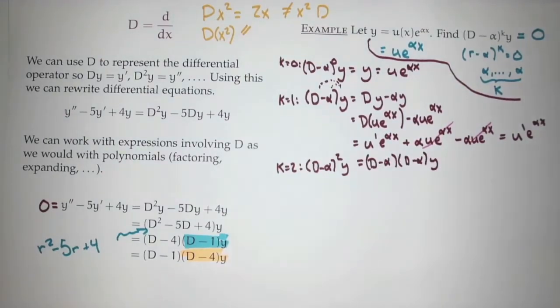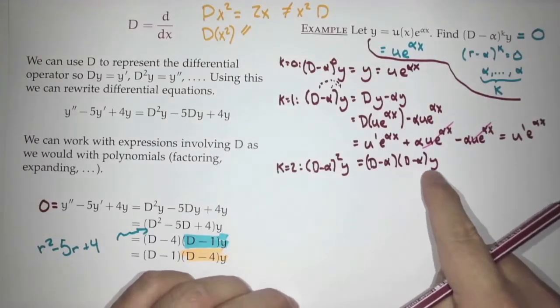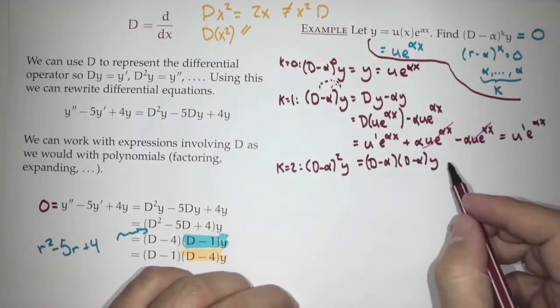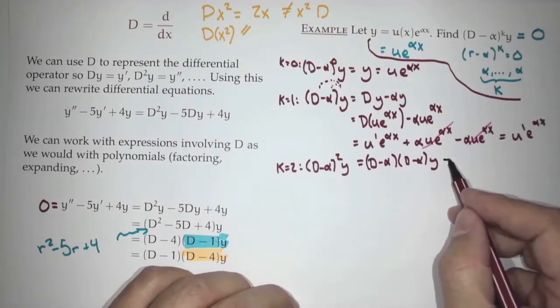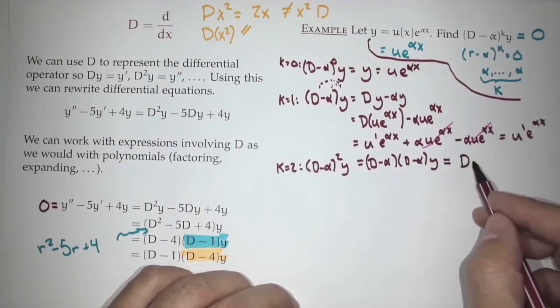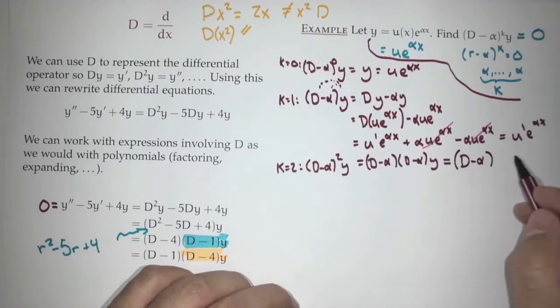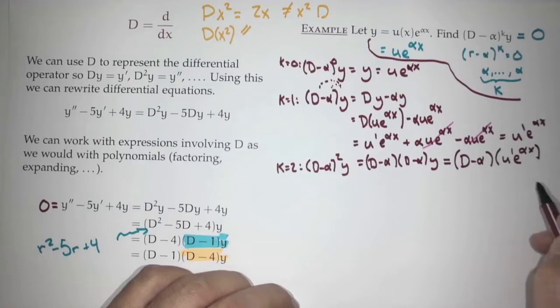Right? Because squaring something just repeats it. Do we know what d minus alpha y is? Yeah, we know it because we just did it. So it's d minus alpha u prime e to the alpha x.